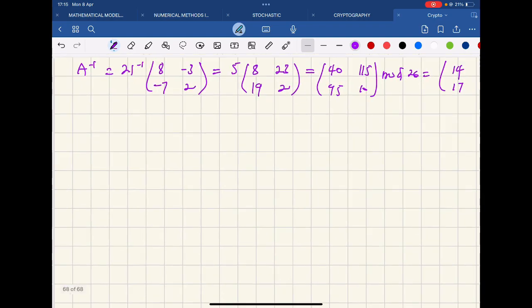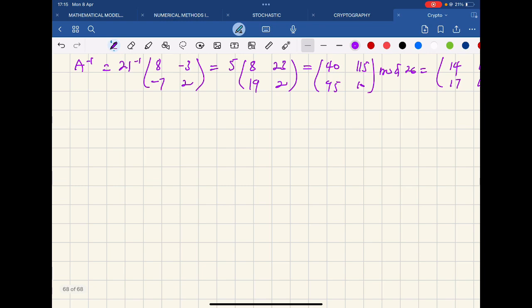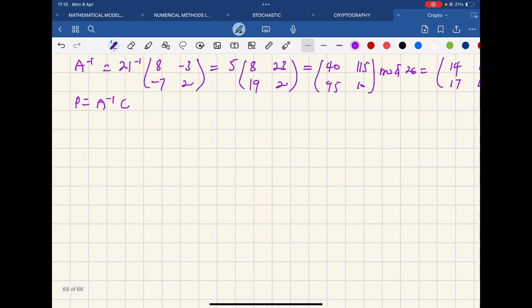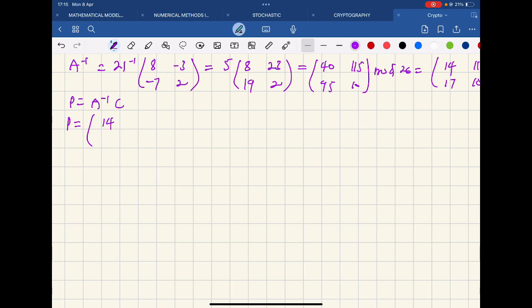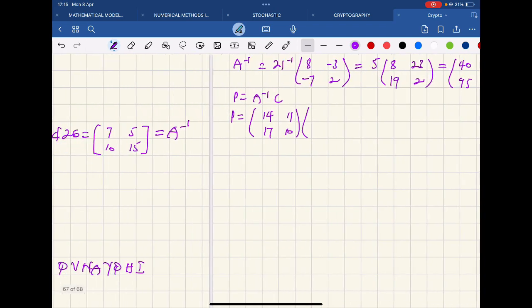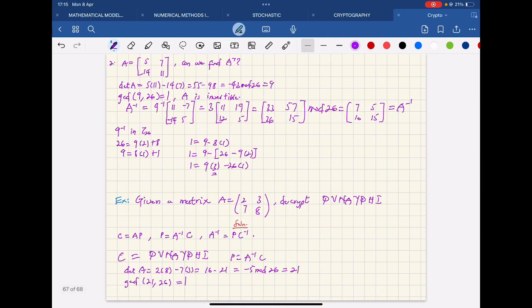Okay, so now since we have A inverse, let's find our P. We know that P is equal to A inverse times our C. So P is now, our A inverse is 14, 17, 11, and 10. And our cipher text was given to us as this.